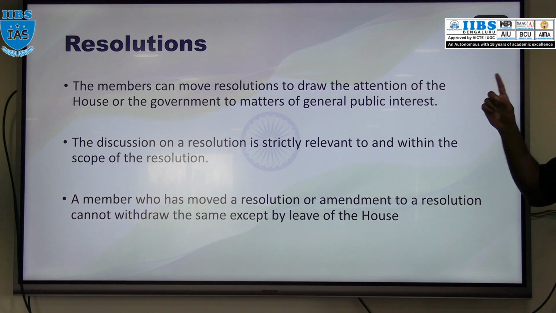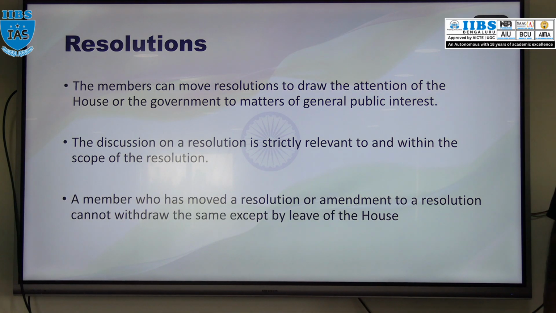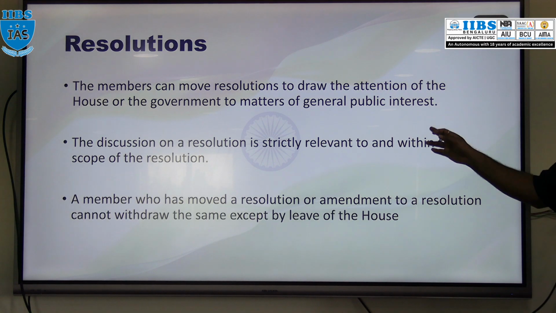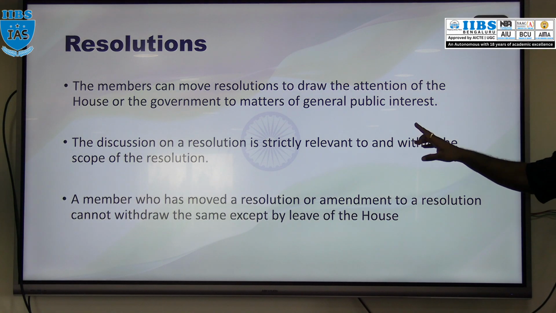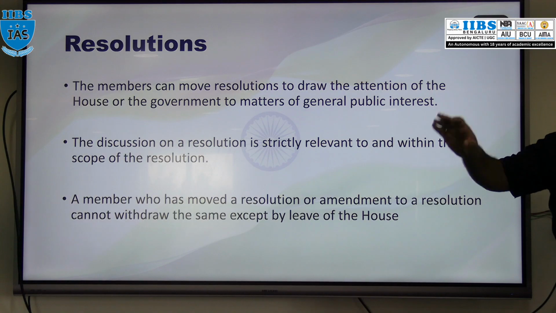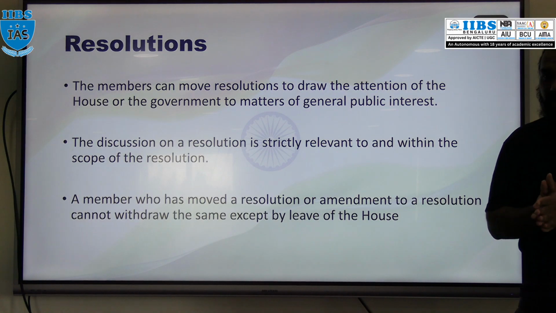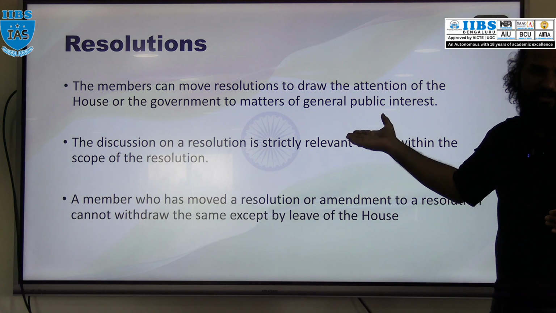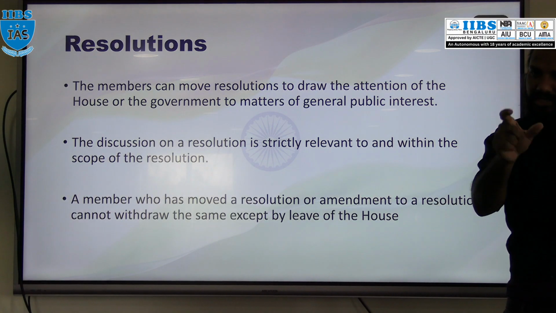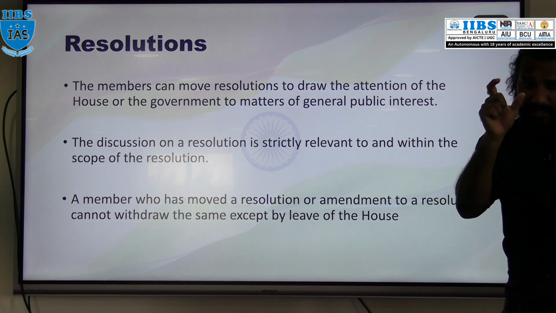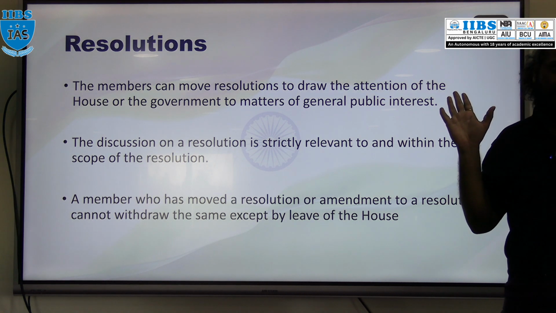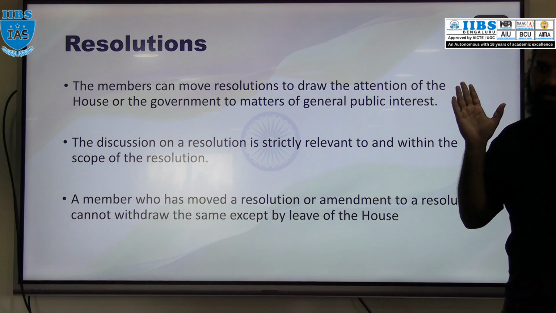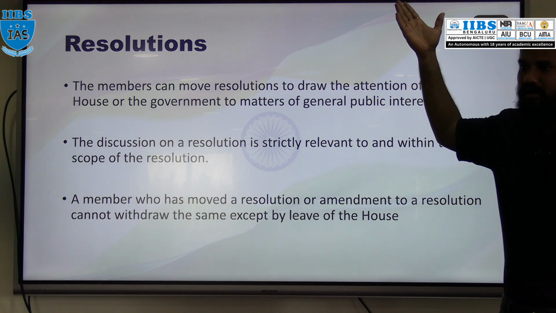When this resolution is taken up by the house, the discussion should be strictly relevant to the scope of that resolution. For example, if they introduce a resolution to discuss Operation Sindoor, then the MPs must discuss Operation Sindoor only. They should not go beyond the scope of that resolution.